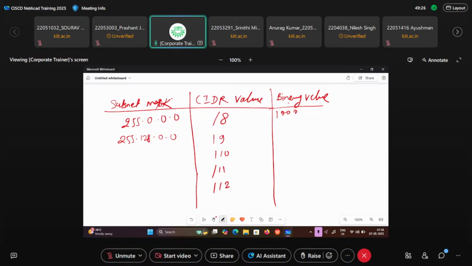And for /12, what does 12 mean? 12 bits you have to make 1. The first 8 bits being 1 means 255, and the remaining 4 bits from the second octet, if you make them 1, you will get 240. Accordingly, the rest of the bits have also been calculated.